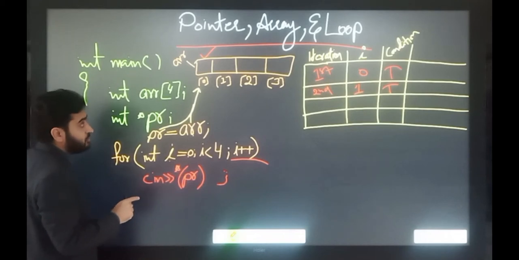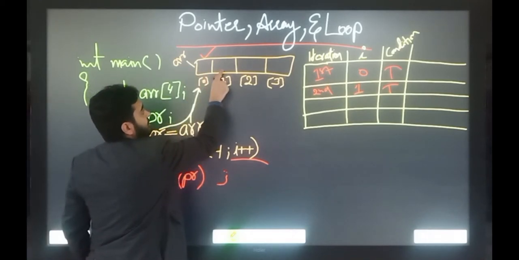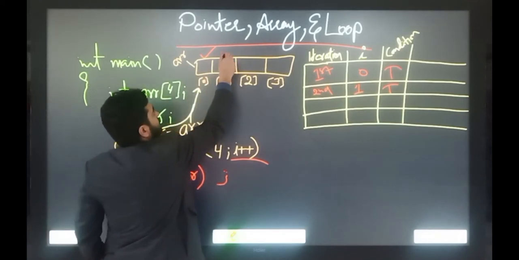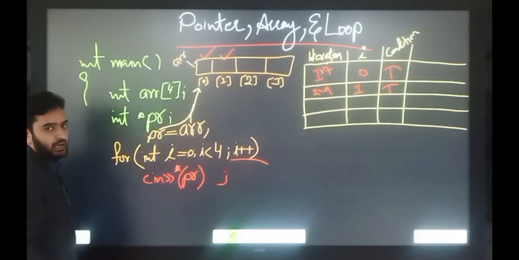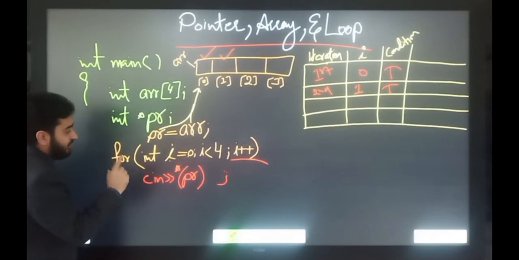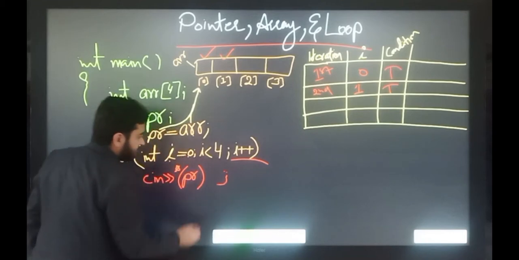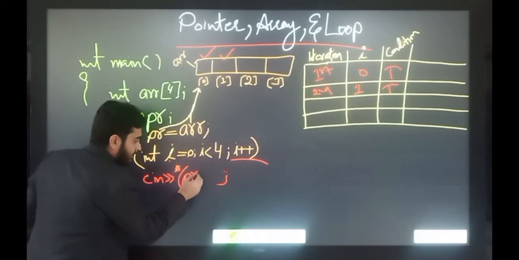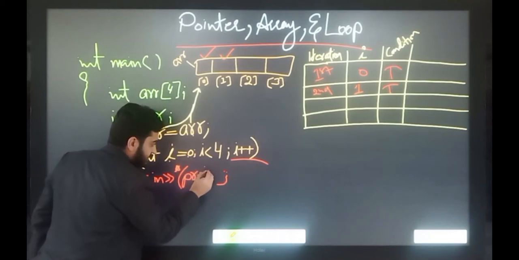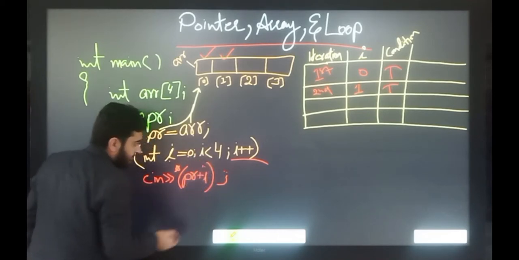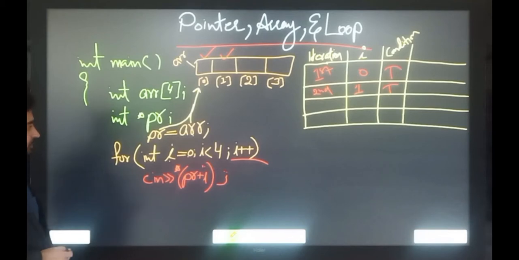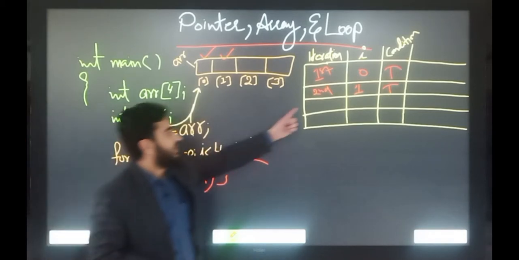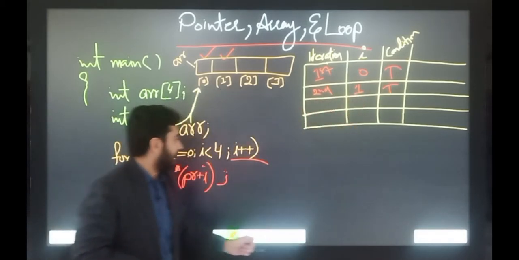So what we need to do is to increment the PR value so that we may access the second slot of the array. So what we need to update here is PR plus i. So now in this iteration, this is the second iteration, the value of i is 1.